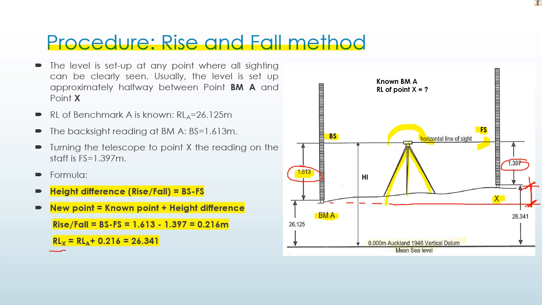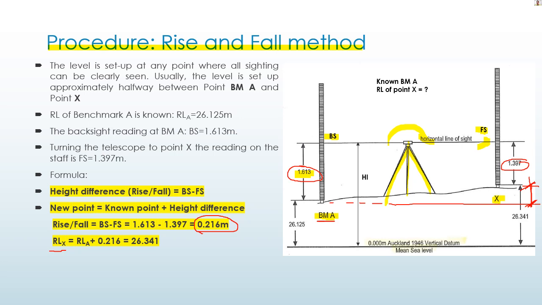Reduced level of point X then equals reduced level of point A plus the rise or fall. So that's the formula. In this example, we have a height difference of 0.216.